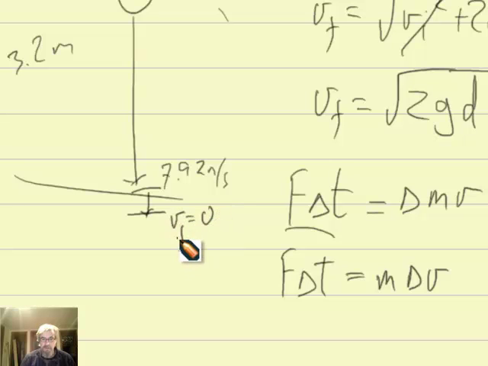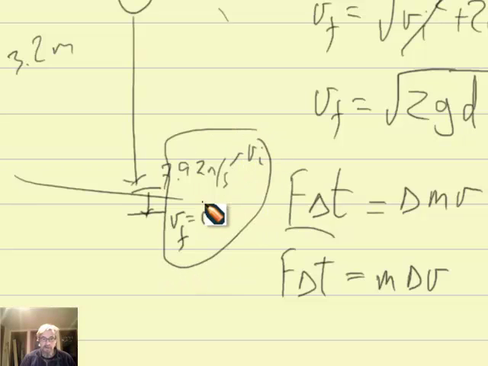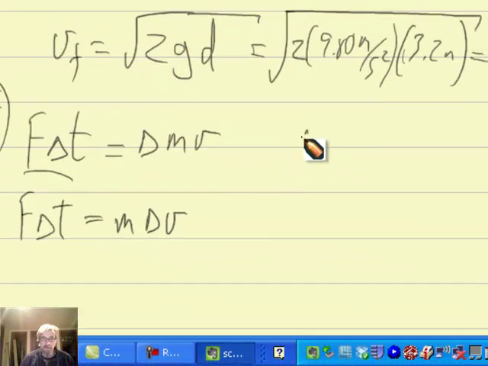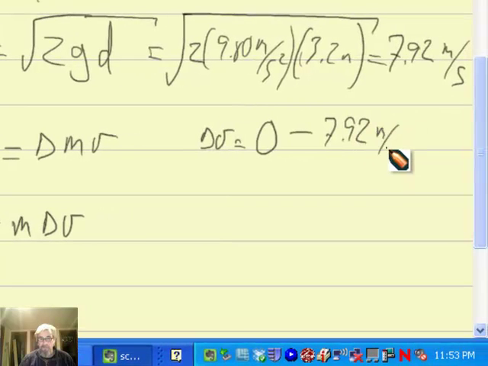Initial velocity during the stopping is the 7.92 meters per second. So what's their change in velocity? Well, delta v is going to be 0, the final velocity, minus 7.92 meters per second, the initial velocity. So delta v here is negative 7.92 meters per second.